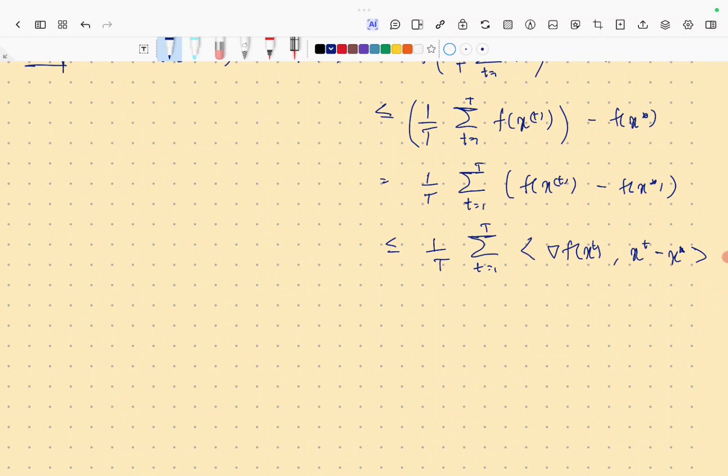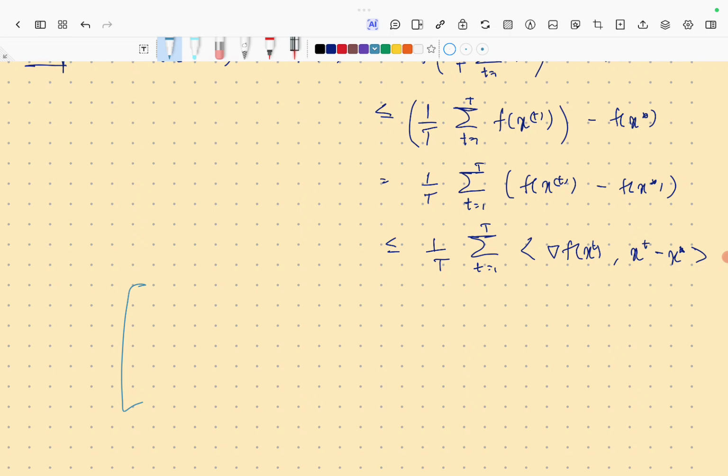Why is this true? What property did I use? Which directional derivative? How did I get from f of xt minus f of x star to this?